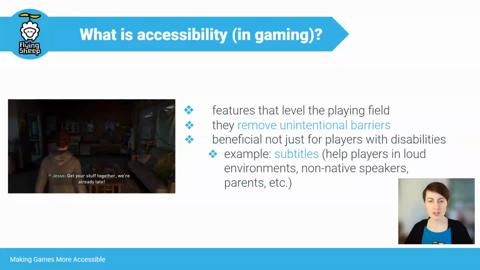So essentially, these features exist to remove unintentional barriers, which are barriers that haven't been added to the game's design on purpose, for example, to make it more challenging, but they appear because different needs of different players have not been considered in the design process. And these needs do not necessarily refer to disabilities. As I mentioned in the previous talk, there are many possible reasons that a player might encounter these unintentional barriers.